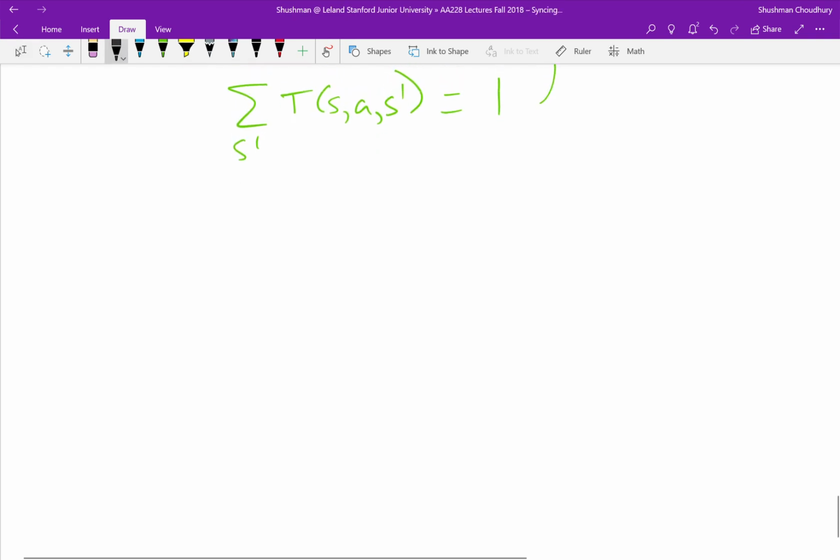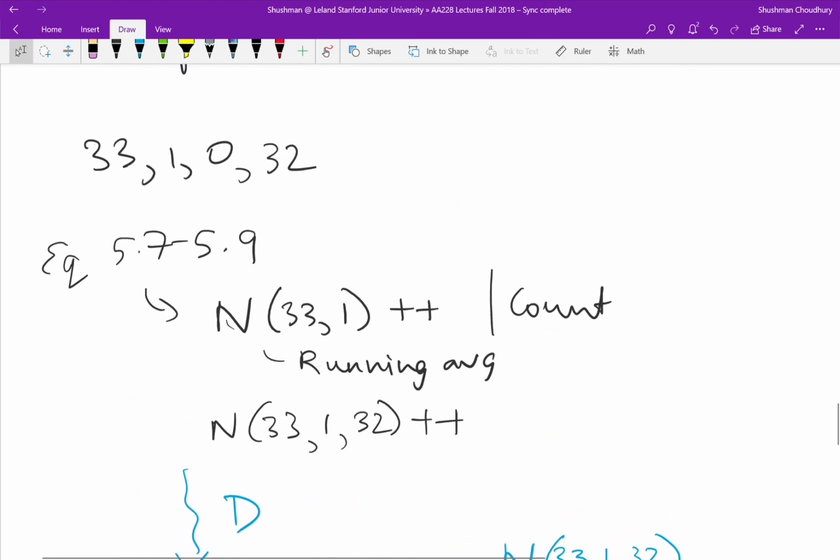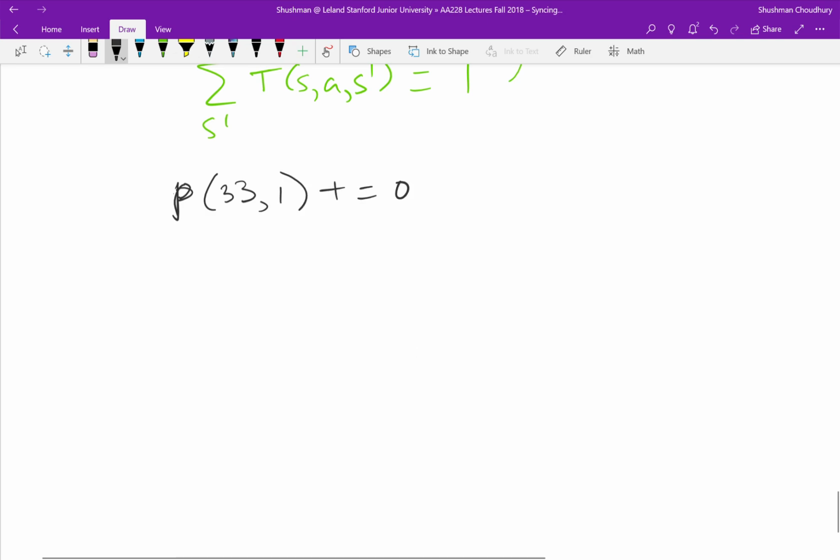For the reward, it's a similar idea. Let's go back here. So 33, 1, 0 was the reward. So we just did our, well, row, if you're following along from the book, 33 1 plus equals 0, right?